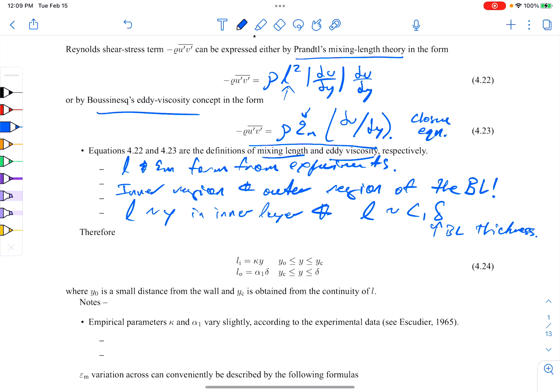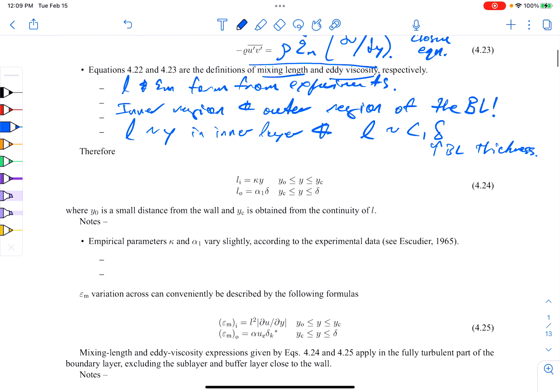So that's the first simple closure Cebeci looked at, and it's summarized here in equation 4.24. So what do I have here? I say that there's some length scale which goes as kappa, which is roughly 0.41, times the distance from the wall, and at some intermediate point yc, the length scale will be a different value, which will just be some fraction of the boundary layer thickness.